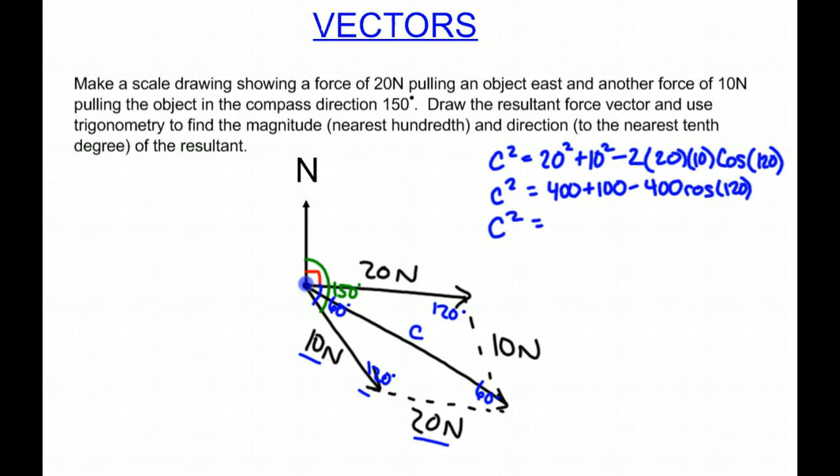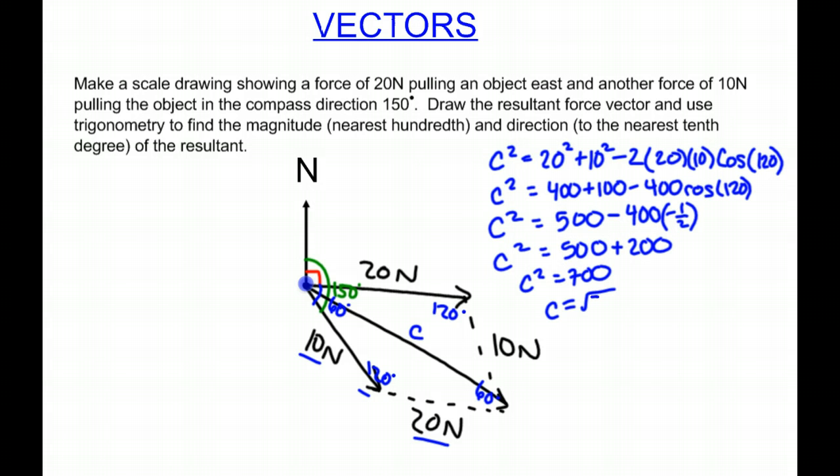And we get c squared equals 500 minus 400 cosine of 120, which is negative 1/2. So we get c squared equals 500 plus 200, or 700. We're going to take the square root and get the square root of 700, which is equal to 10 square root 7, because the square root of 100 is 10, and we don't know the square root of 7.